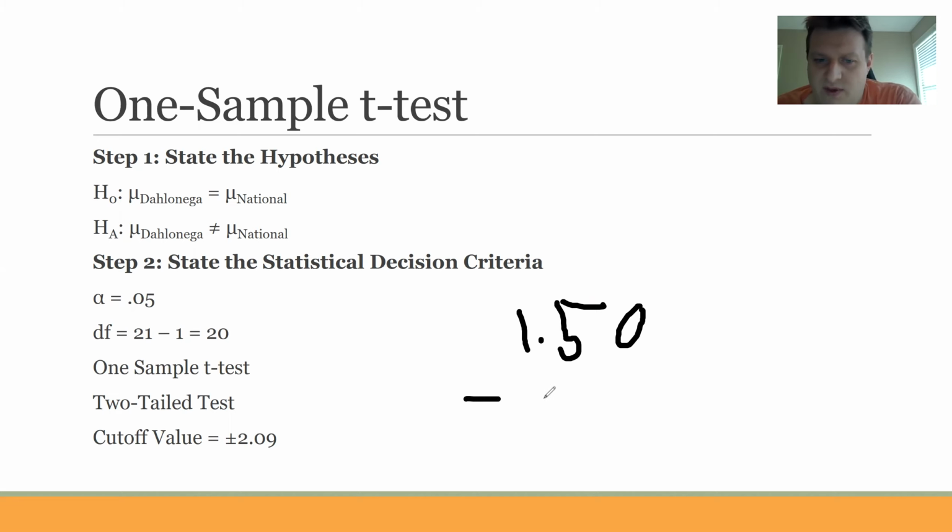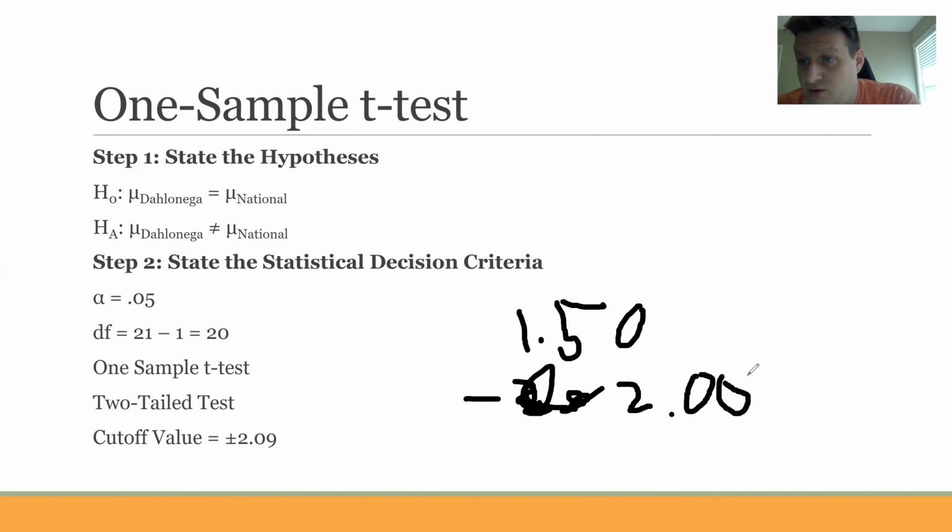How about negative 2.00? Do I retain or do I reject the null hypothesis? Again, I retain. It's within this value. It's not lower than negative 2.09.